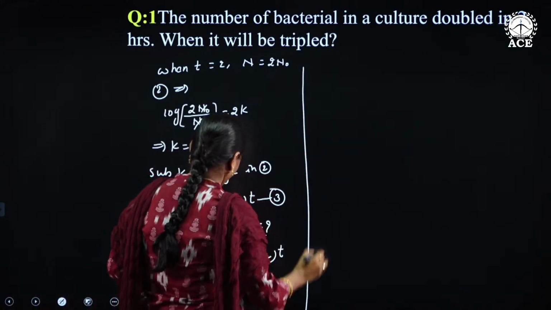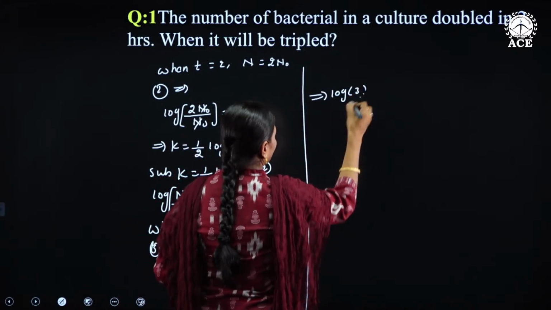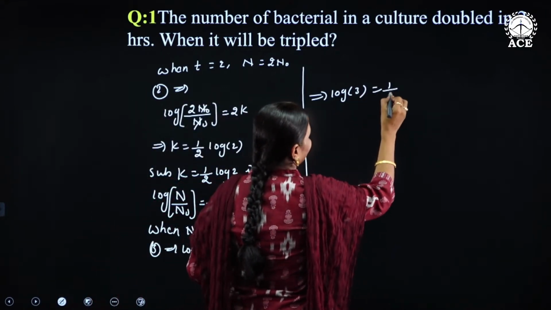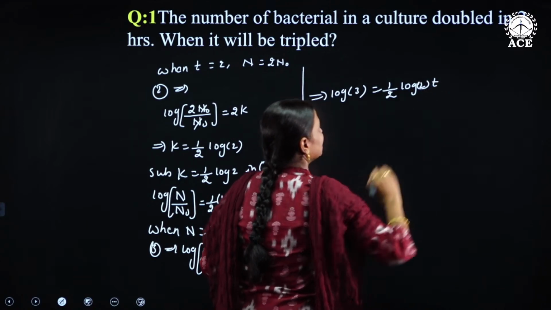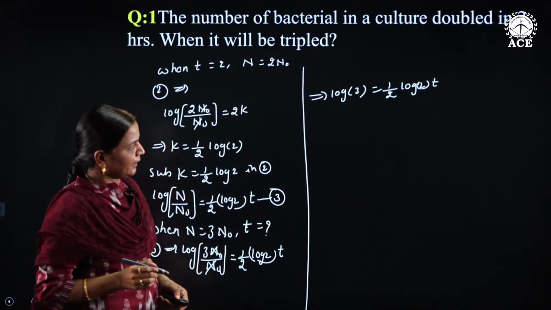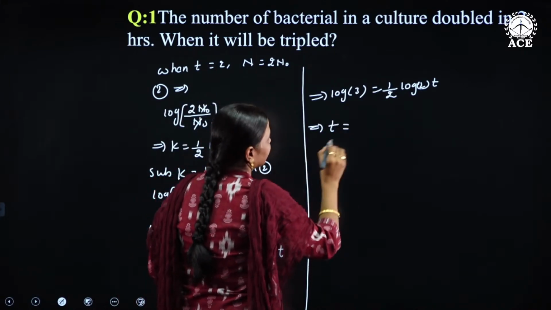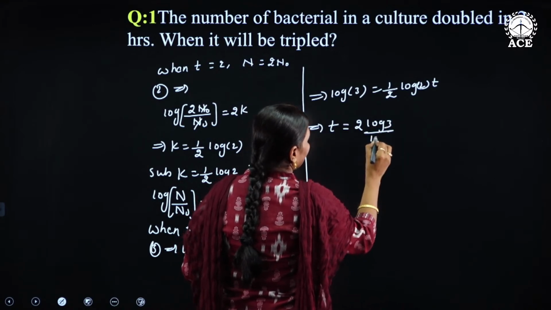LHS is log of 3, so log 3 is equal to 1 by 2 into log 2 into T. Now write that equation for time T. From this equation, T is equal to 2 into log 3 by log 2.